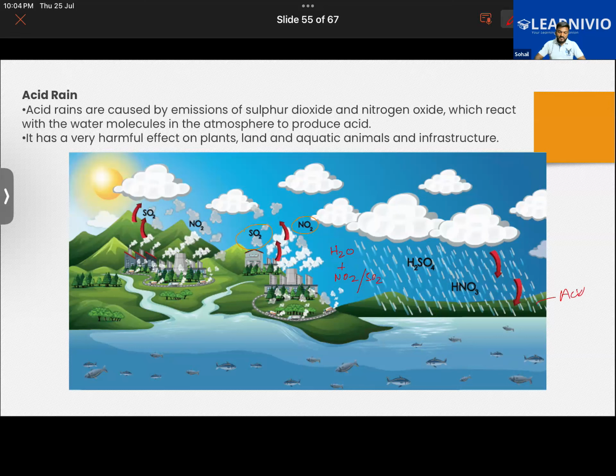So do tell me, should crops grow well in an acidic soil or in a neutral soil? Yes, crops grow in a neutral soil. Very good. By the way, in class 7th standard, you would have studied about these things. If soil is very acidic, what is done to reduce its acidity?